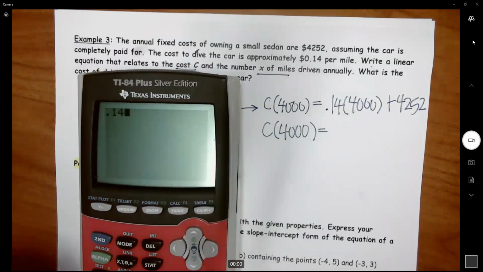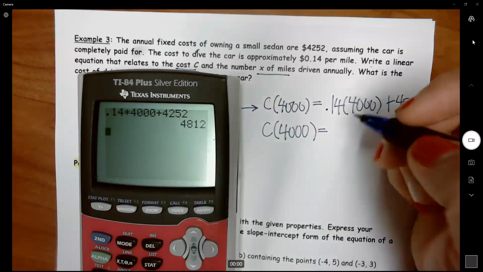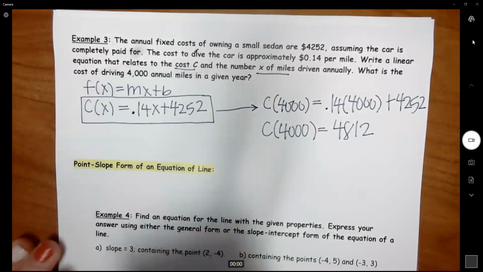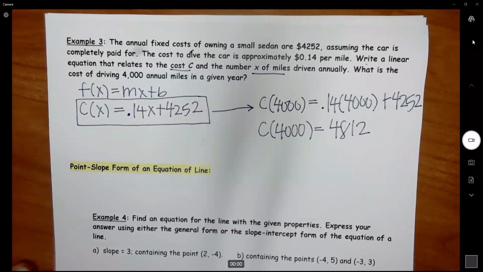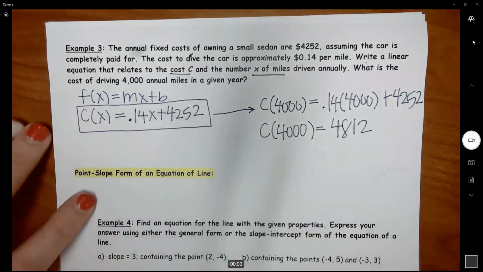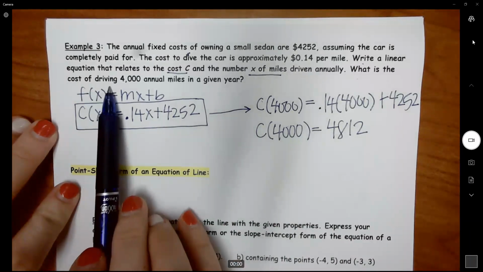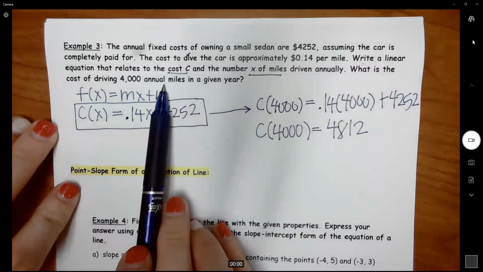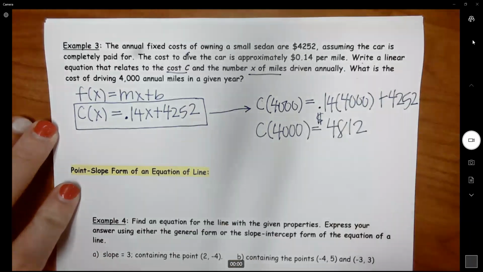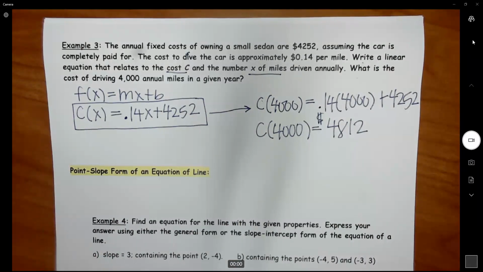We have 0.14 times 4,000 plus 42.52. Word problems need word answers. So the cost of driving 4,000 miles in an annual year is $4,812 or something like that.